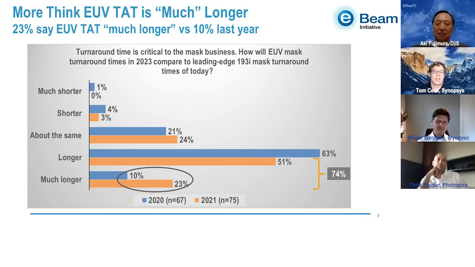Let's just say it's 50% longer, 70% longer. That still may be better overall than running a double patterning. So it's hard to say a one-to-one comparison, because that's really apples and oranges when they're talking about the throughput for the layer and ultimately the fab's total turnaround time to get an entire chip out. It's a complex question.